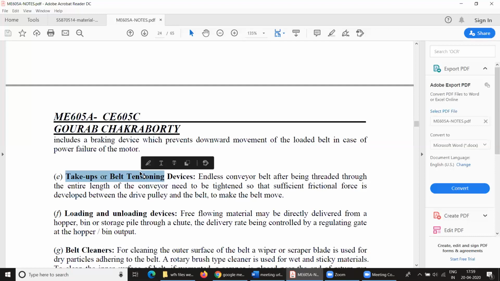The delivery rate is controlled by a regulating gate at the hopper or the bin output. For non-free-flowing materials, a suitable feeder unit with a chute is used for loading the material centrally onto the belt as evenly and gently as possible.